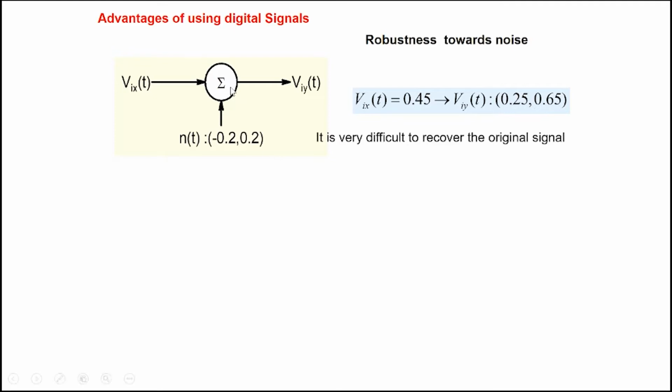Once the noise gets added, it's very difficult to tell what the original signal was. When you obtain, let's say, 0.35 at the output, is 0.35 the original signal, or 0.65, or 0.55? We have no way of knowing, because the noise is completely random.